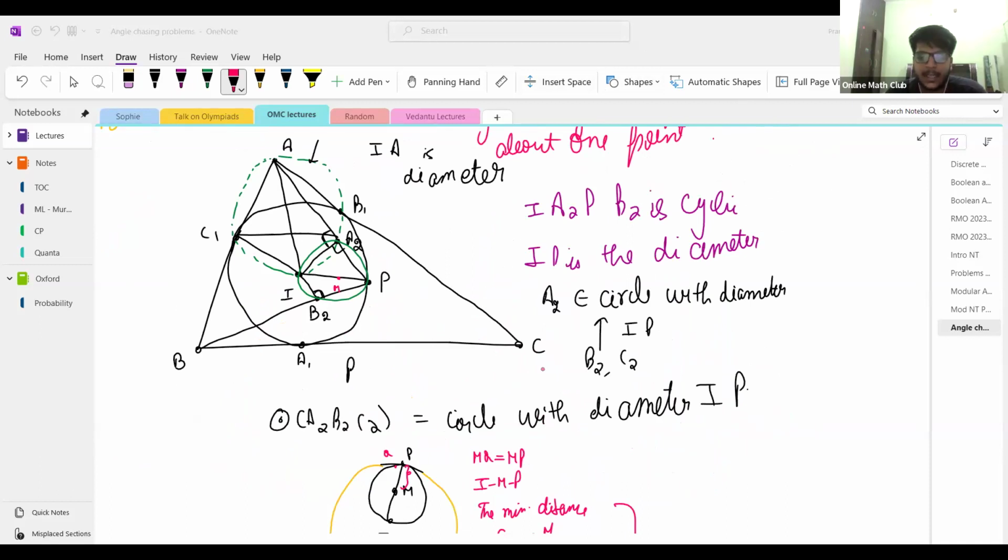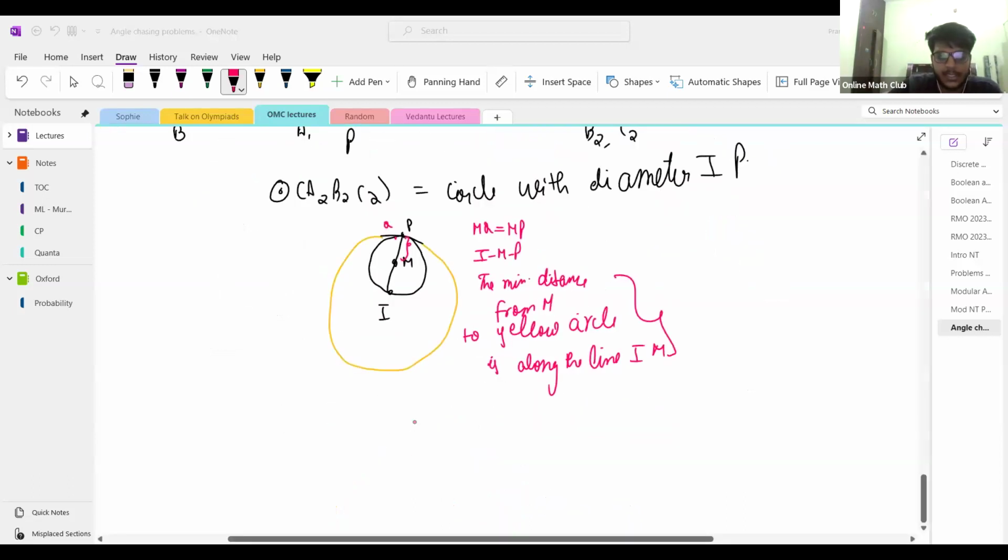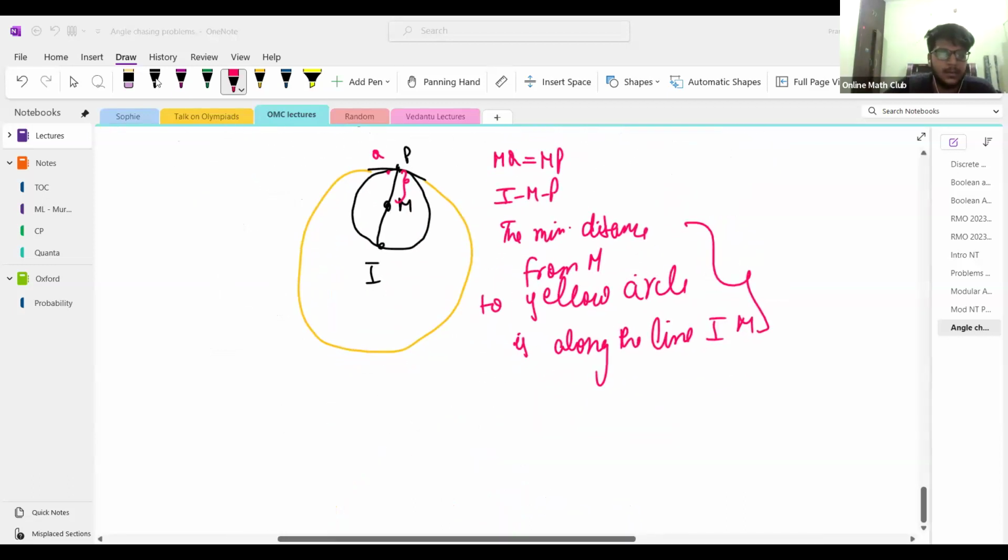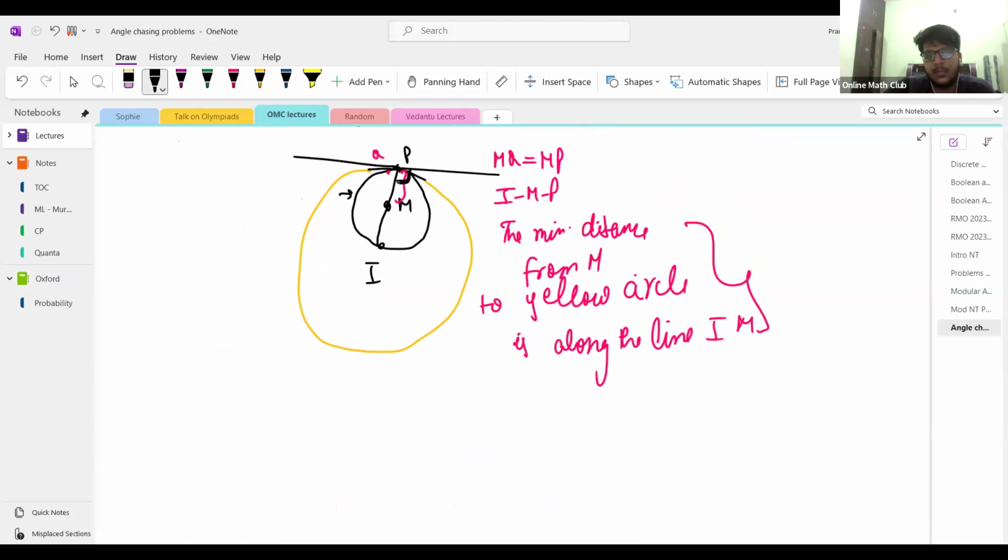But I don't want to say radical axis stuff right now. But okay, you can do this as you said about the tangent. Draw the tangent at P to the black circle. It will be a line perpendicular to the line PMI. But since we know that it is collinear and it's a tangent, okay, do you see the proof?